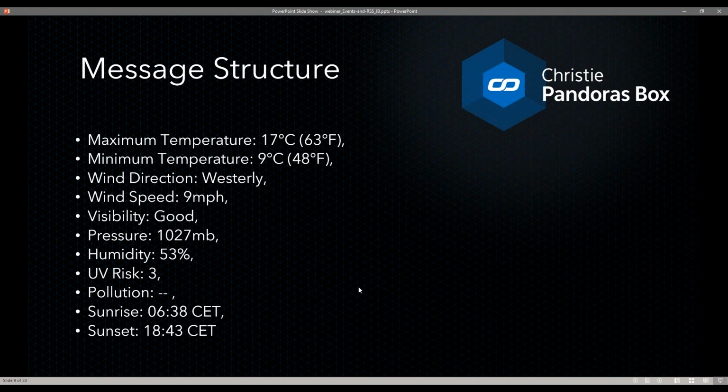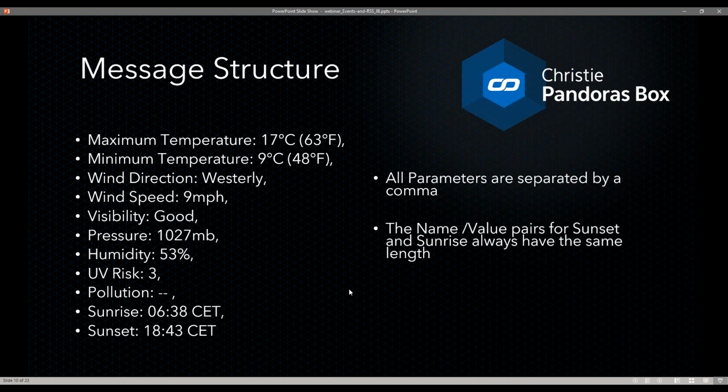I think it's 15. We can use that as well. So separated by comma and same length. And the next thing, when we were able to retrieve this, we have the hours and minutes split by a colon, because we need hours and minutes separately.